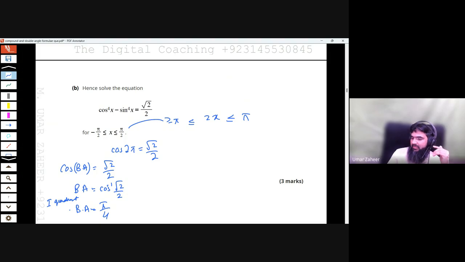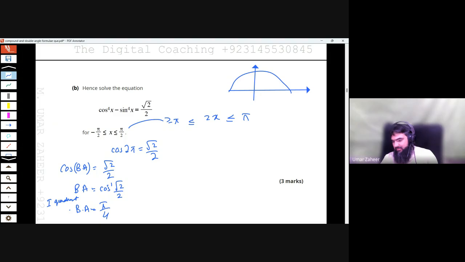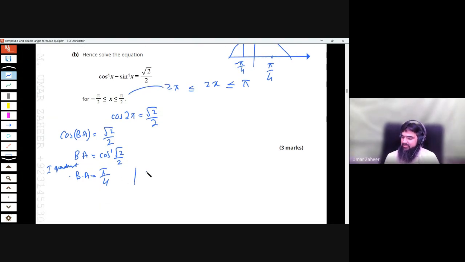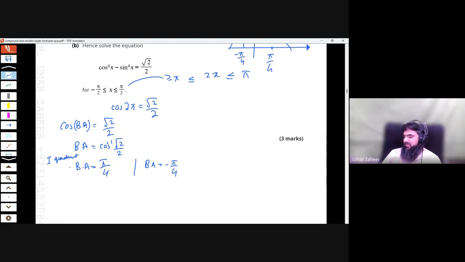We know that the cos graph is always symmetric. You have a graph that looks like this. For example, at this portion at pi over 4, you will get the value. So exactly on the other side, it is minus pi over 4. If one angle is pi over 4, the other angle in the negative side will be minus pi over 4. Why am I using this? Because we know that the cos graph is symmetric. It is only for the cos graph, not for the sine, not for the tan. So I'm going to get the other angle.